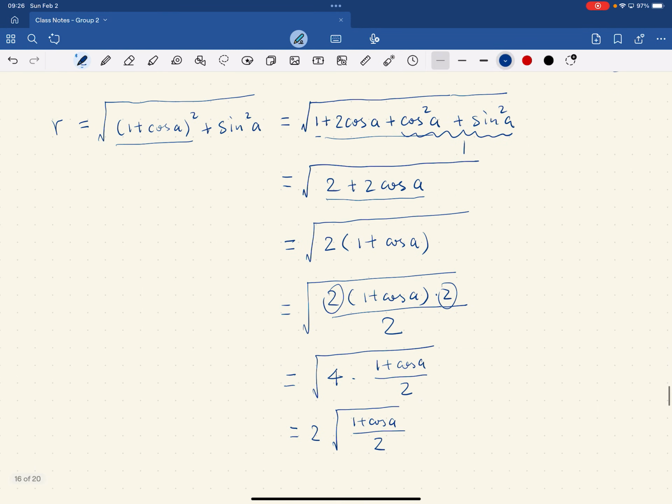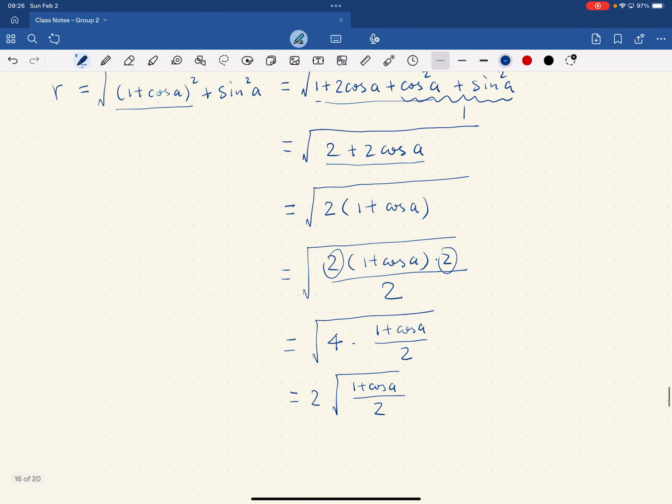So I'm going to write this as the half angle stuff. So it's 2 cosine alpha over 2. Right? So this is the modulus. The modulus equals 2 times cosine alpha over 2.